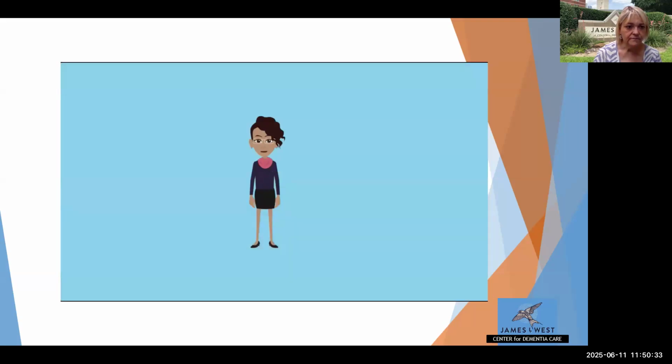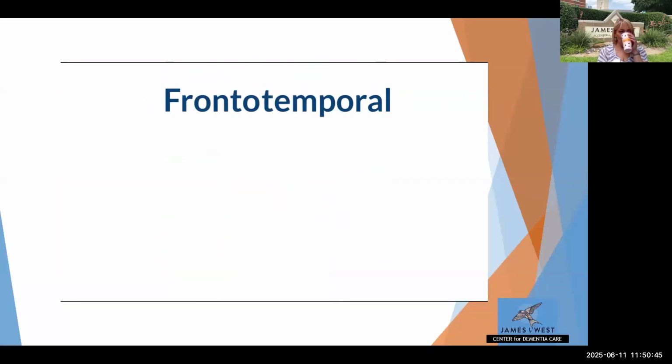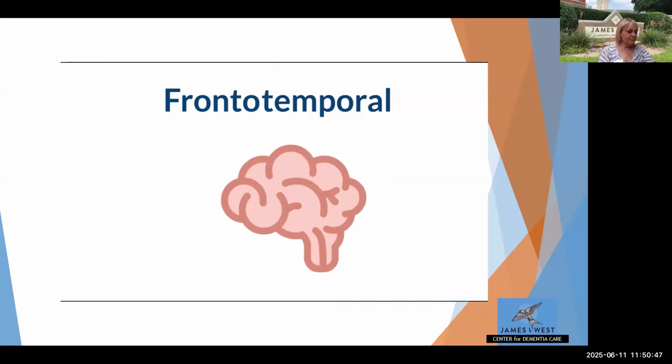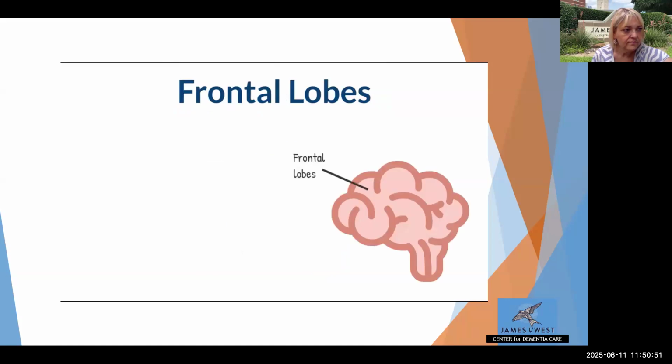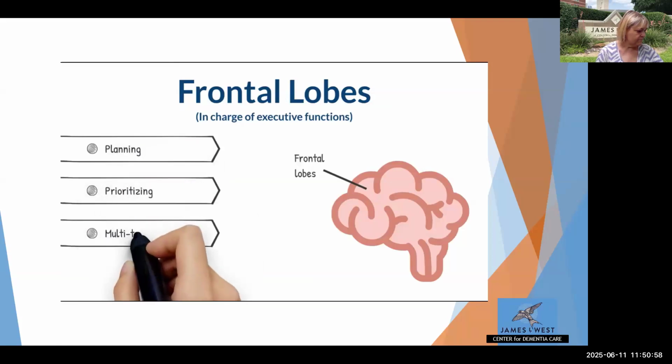Let's talk about frontotemporal dementia. It's a long term and a scary one, but it's important to understand what it really means. Let's break it down. Fronto and temporal refer to the parts of the brain affected by the disease, the frontal and temporal lobes. The frontal lobes are in charge of executive functions like planning, prioritizing, and multitasking.